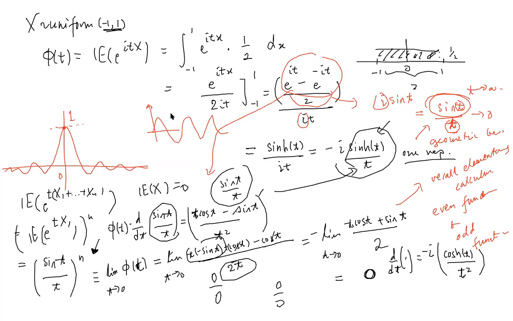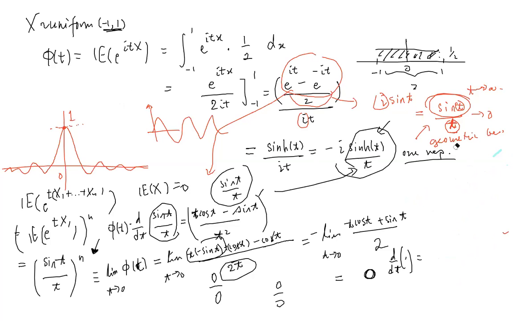Bit of a mistake. It should be like this. Minus i, okay. So this is t squared, t hyperbolic cosine minus hyperbolic sine.